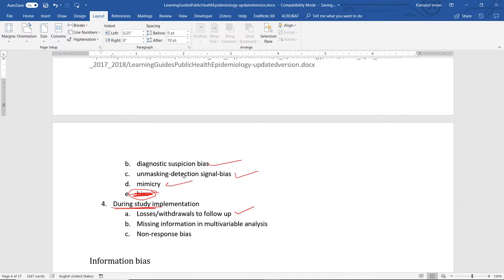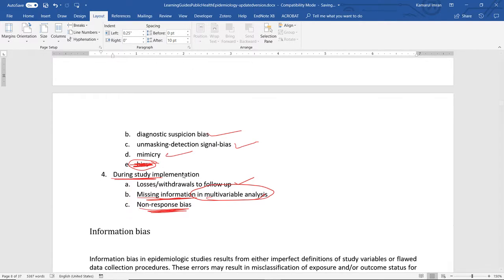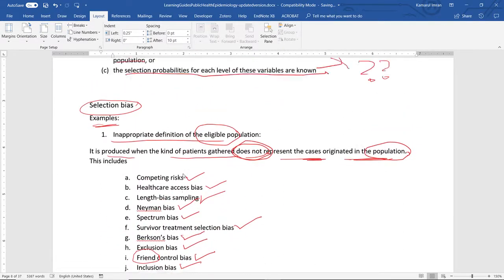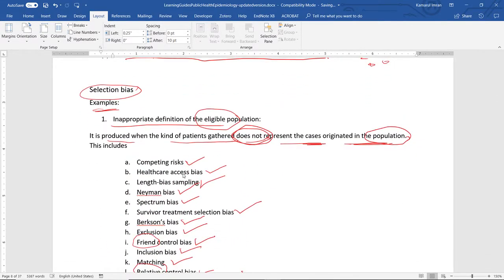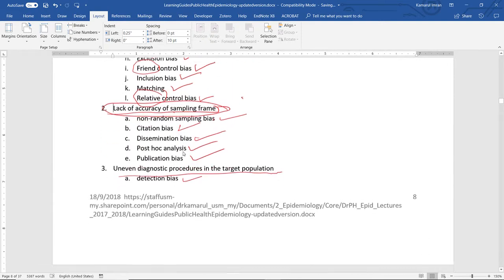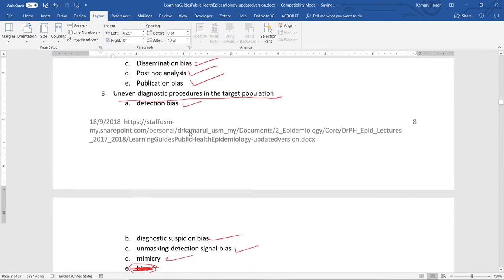Missing information in multivariable analysis. Your model does not have enough covariates. Non-response bias. All right.